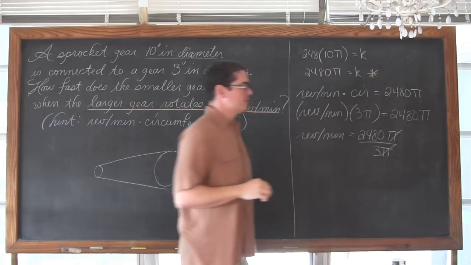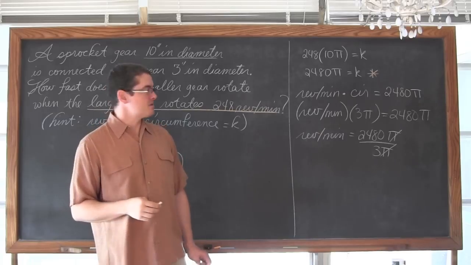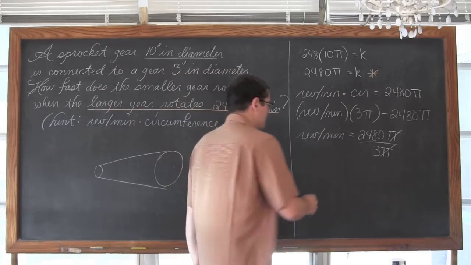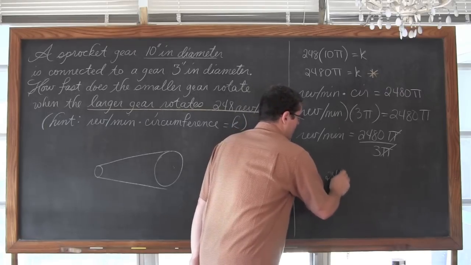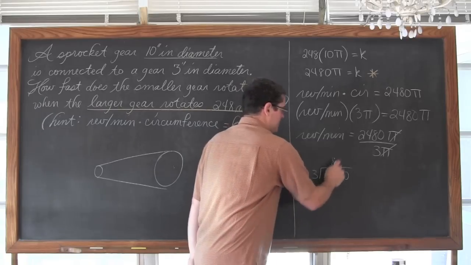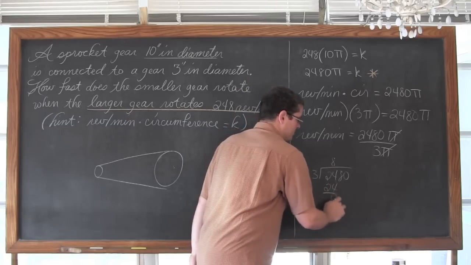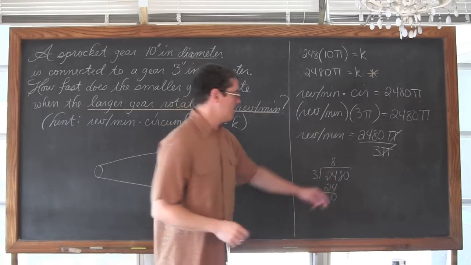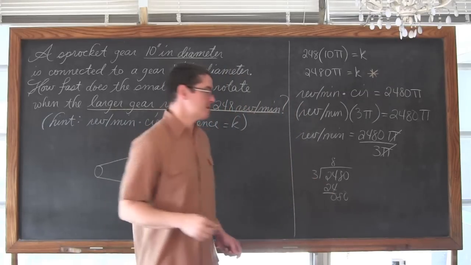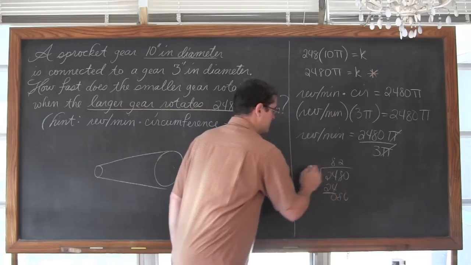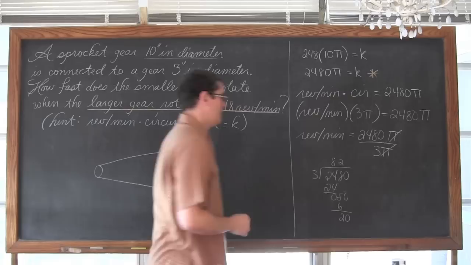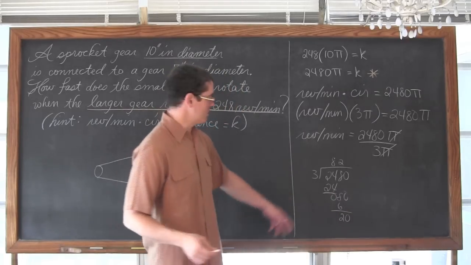Of course, those pi's are going to cancel out, and just for practice's sake, instead of just typing this into our calculator, 2480 divided by 3: 3 times 8 is 24, which gives us a remainder of 0. Carry down the 8 for 8. 3 goes into 8 twice, 2 times 3 is 6. Bring down a 2, because 8 minus 6 is 2 of course.